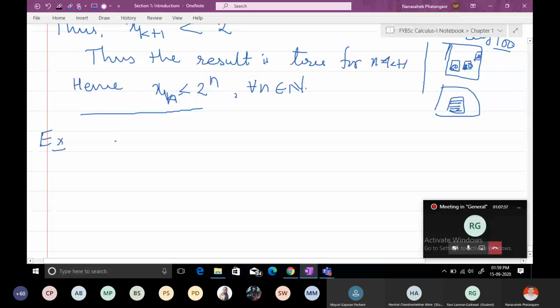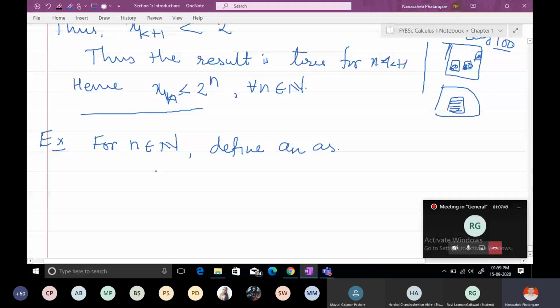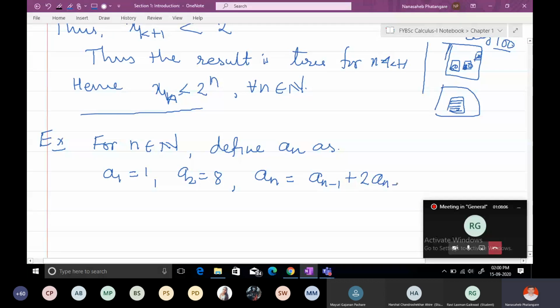For n a natural number, define numbers a_n. a_1 is equal to 1, a_2 is equal to 8, and a_n is equal to a_{n-1} plus 2 times a_{n-2} for n greater than or equal to 3.